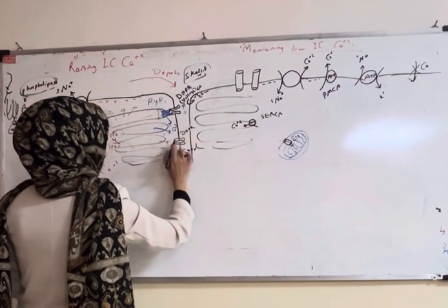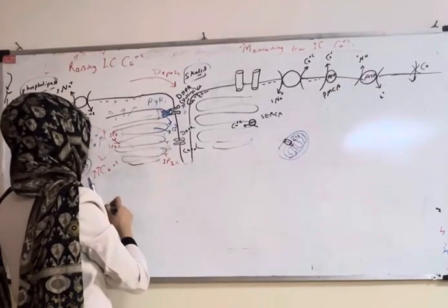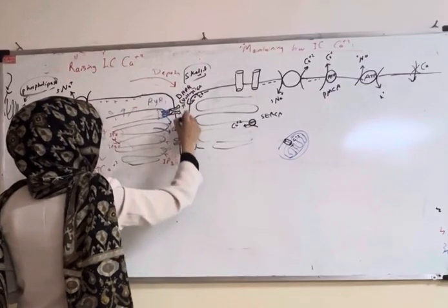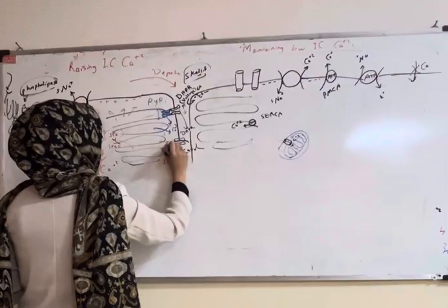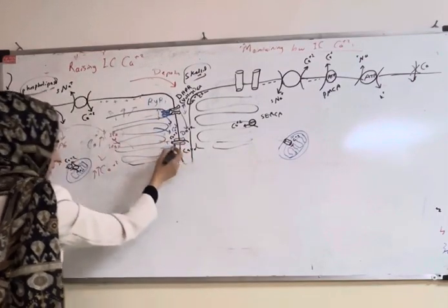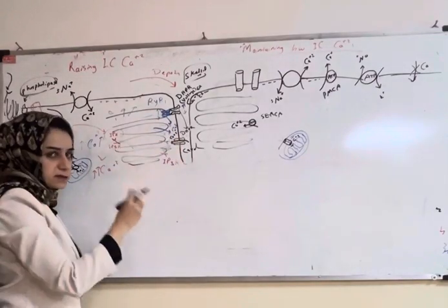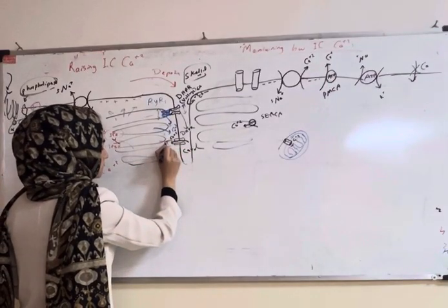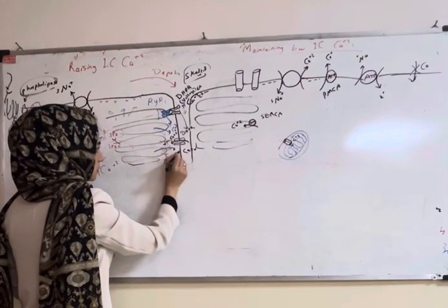It is not in direct contact, there's no physical coupling with the ryanodine receptor. When a wave of depolarization comes, this will become active and calcium will move to the cytosol, inside of the cell. This calcium is a very small amount, but it is important because it will trigger release of calcium by the ryanodine receptor.